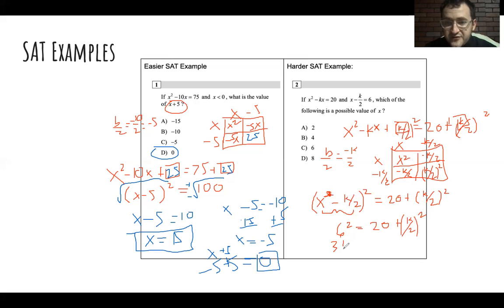So that gets me to 36 equals 20 plus k over 2 squared, which means that 16 is equal to k over 2 squared.